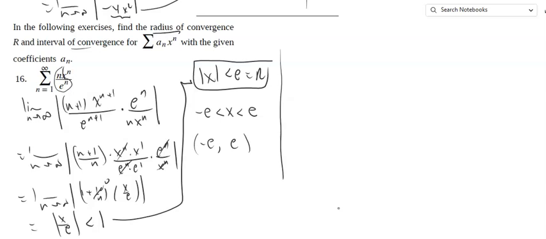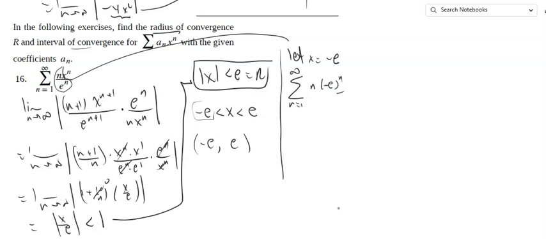But since I did not use geometric series, I'm going to say, okay, let's test. What if x equal negative e, the left endpoint? Look at the series. The series would look like the series n equal 1 to infinity of n negative e to the n over e to the n. That's the series n equal 1 to infinity of n negative 1 to the n e to the n over e to the n.